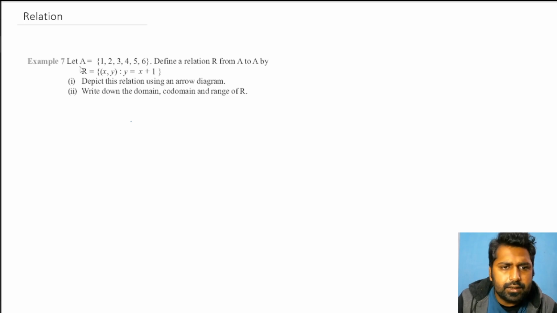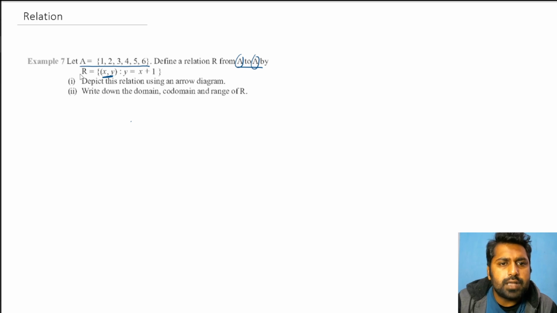So he's saying, let's say set A is 1, 2, 3, 4, 5, 6, all the elements, and there is a relation from A to A. A to A means we have to take elements of X and Y both from A. That's the meaning of relation from A to A.